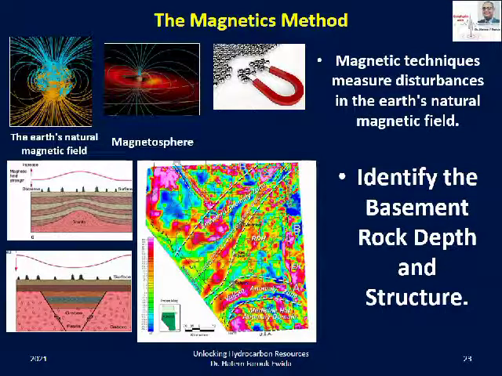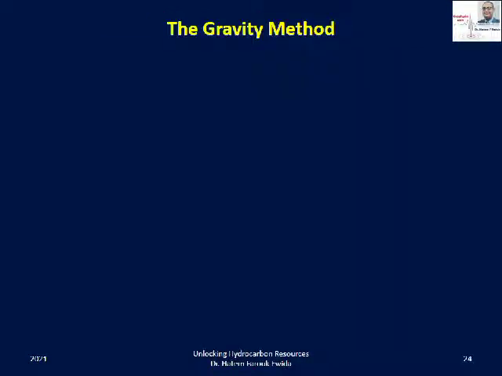When the basement is deep, I will have room for a basin in which the sedimentary rocks can be deposited. But the magnetic method has a lot of other applications; this is what we use only in hydrocarbon exploration.